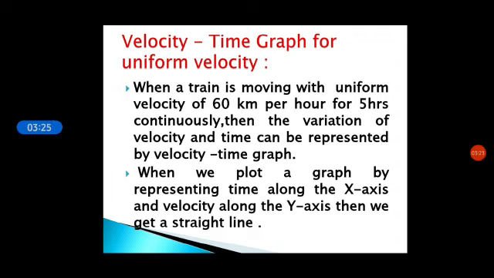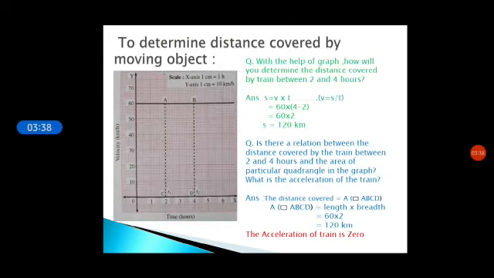When we plot a graph by representing time along the x-axis and velocity along the y-axis, we get a straight line parallel to the x-axis, as shown in the next graph. When an object is moving along a straight line, we can find the distance covered by it if we know its velocity and time.